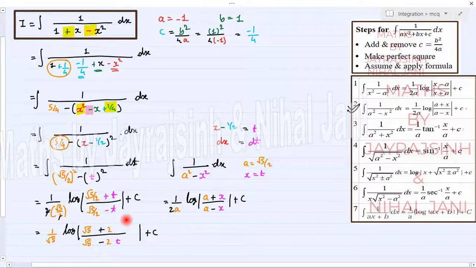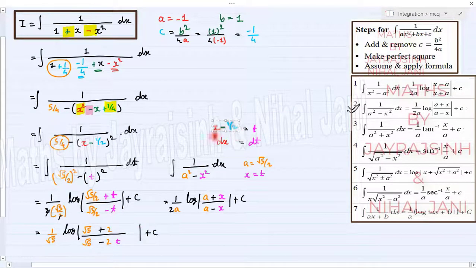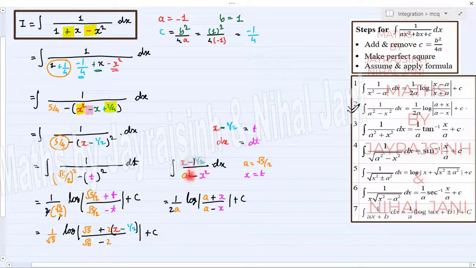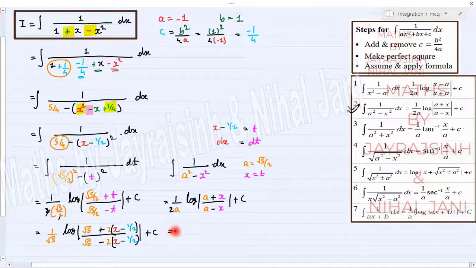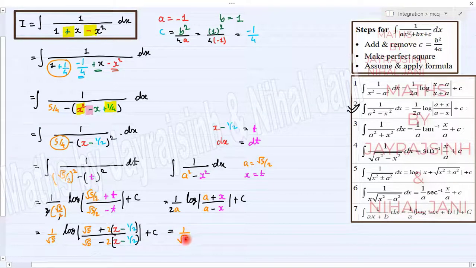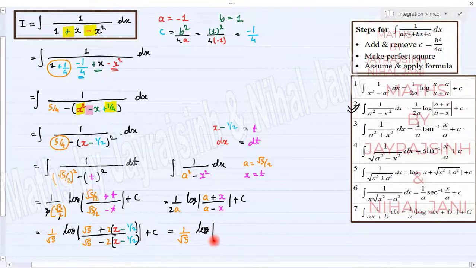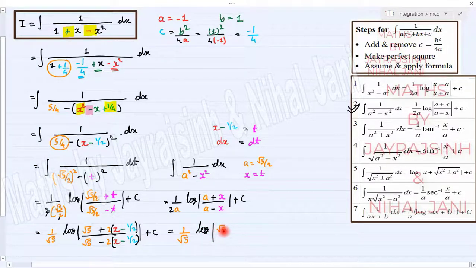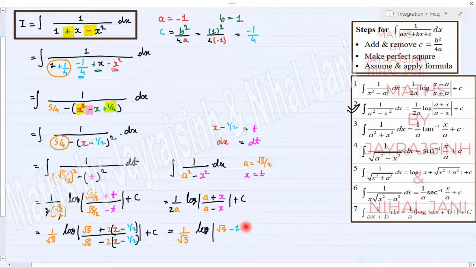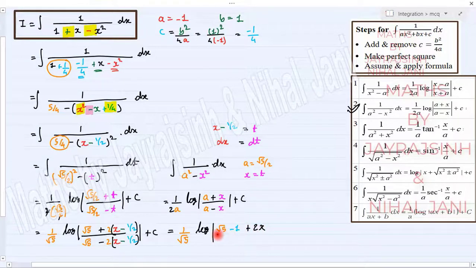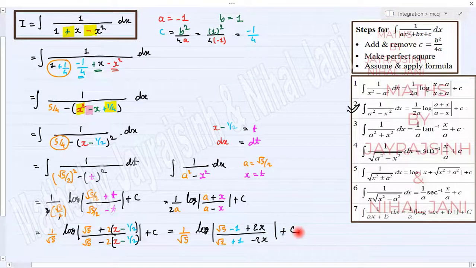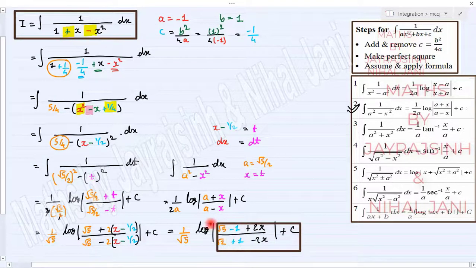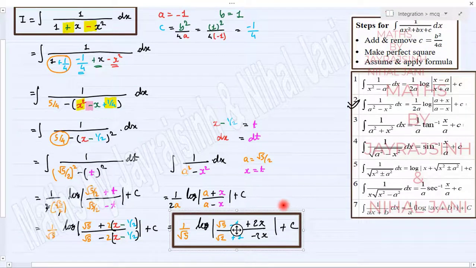Now to get the final answer, we have to substitute the value of t, which we assumed as x minus 1 by 2. So after simplification, you will get log mod root 5 minus 1 plus 2x upon root 5 plus 1 minus 2x plus c, which can be considered as your final answer. Ta-da!